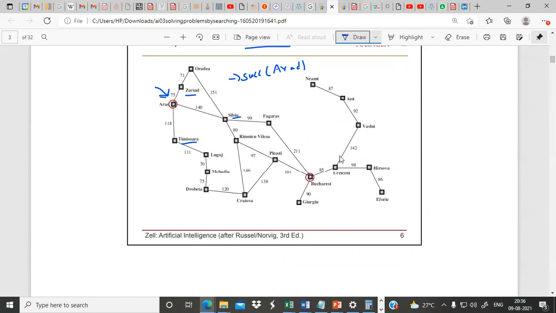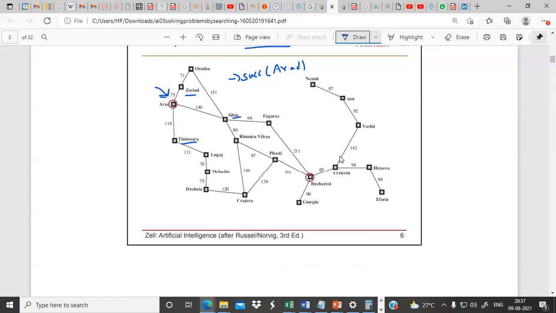Okay, that doesn't mean that he moved here. No, he knows, then he can choose. But say now, where is Bucharest? In which direction is Bucharest? He still doesn't know. That's the point. From the map, as we see it, you may say that this is the path, but he can reach Zerind with less distance.